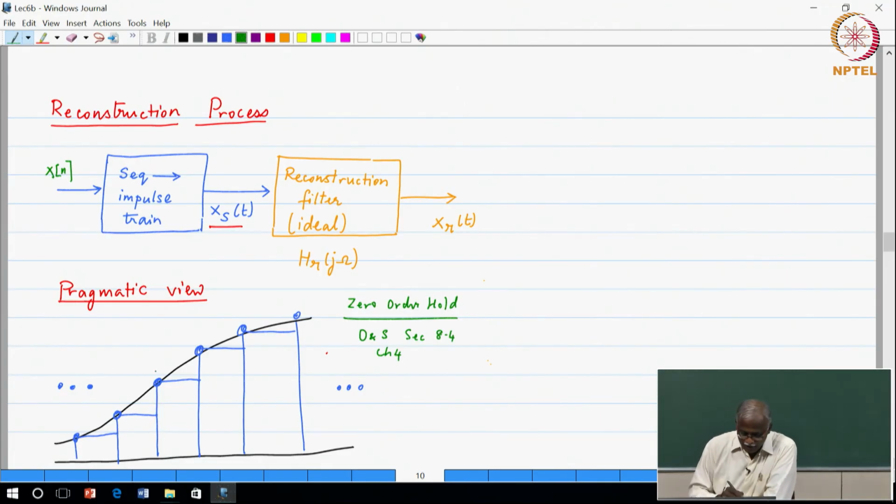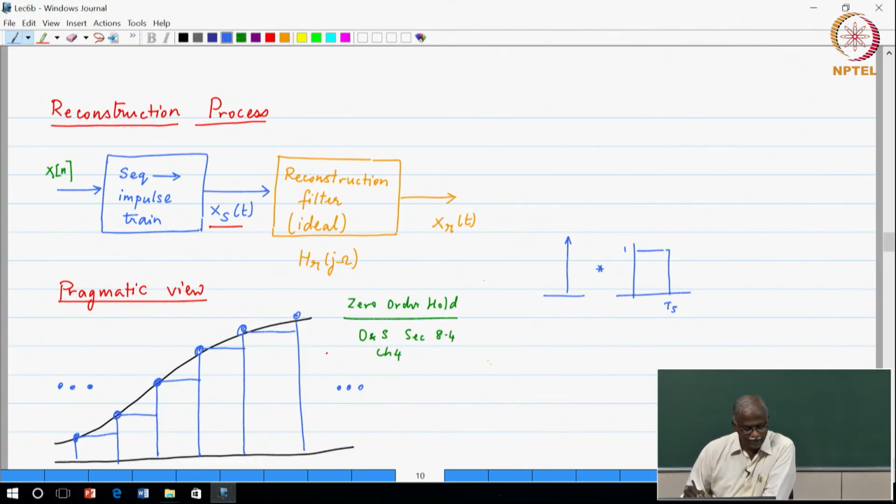So what is the staircase function? The staircase function can be viewed as a Dirac delta convolved with a signal which has an impulse response from 0 to Ts with a height of 1.